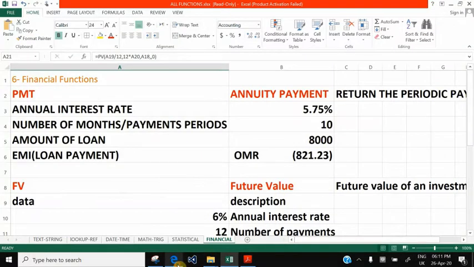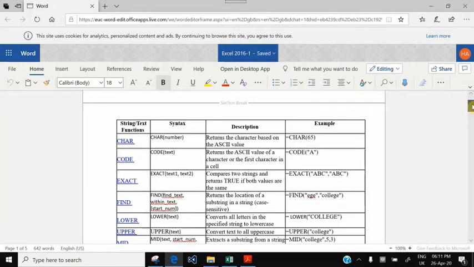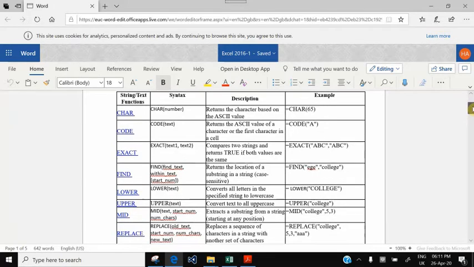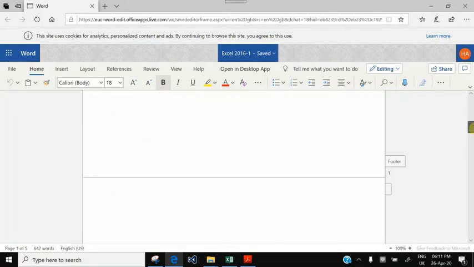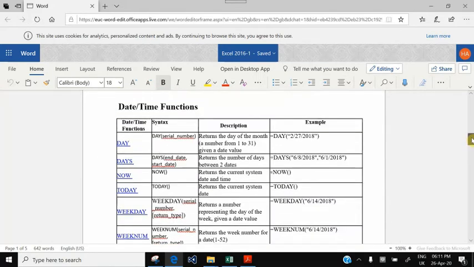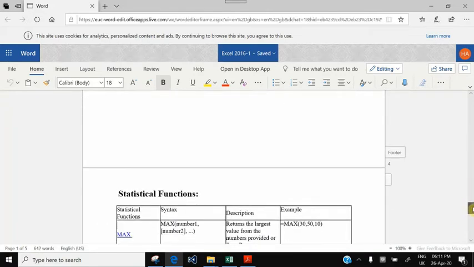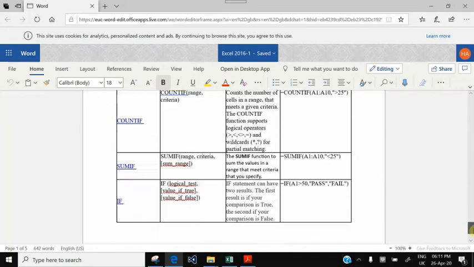I also have a file which gives the whole thing: first the string and text functions, then math and trigonometric functions, and at the end statistical functions.